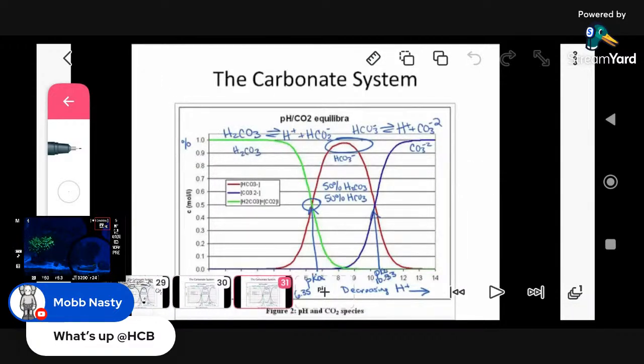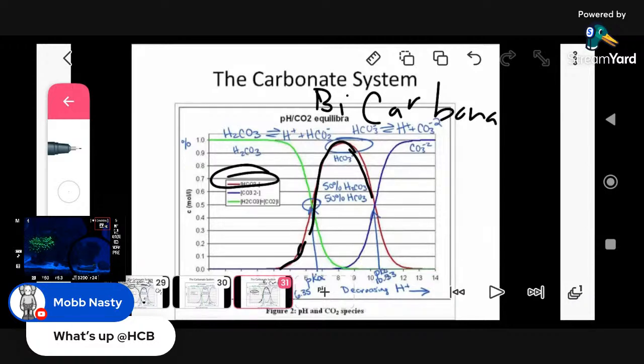So now we're increasing the pH, right? And then we start forming bicarbonate right here. Let me write on the other side, because I haven't charged my thing. Bicarbonate, okay? So the red right here is bicarbonate. That's really important.